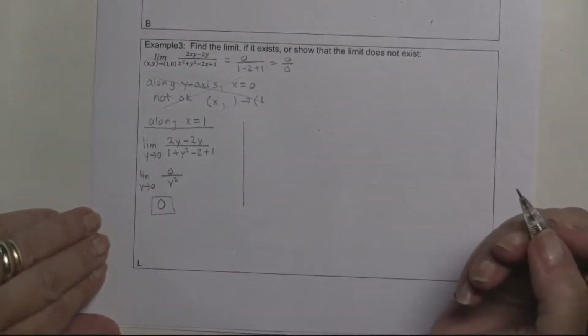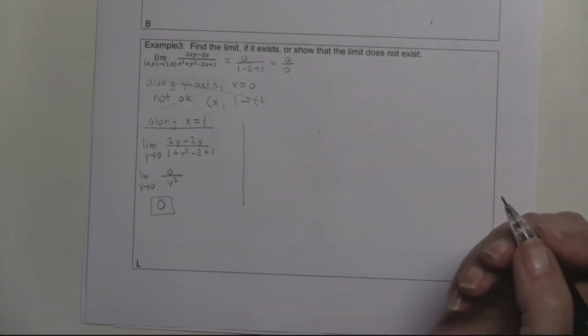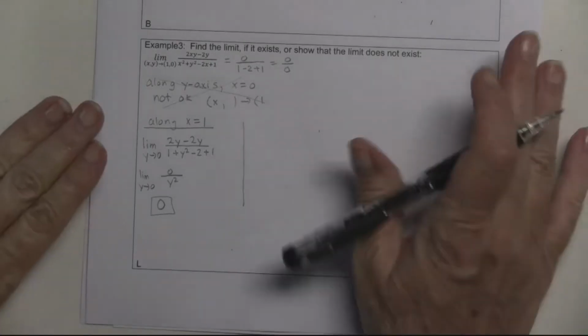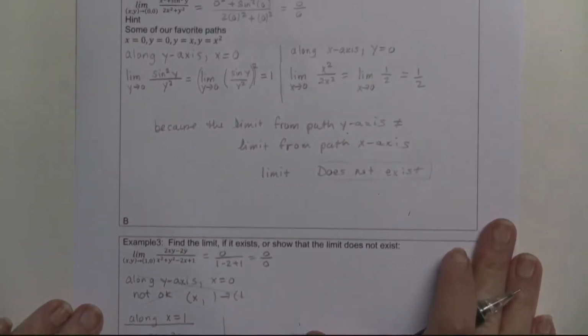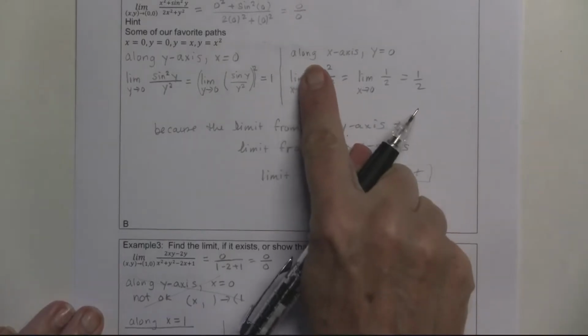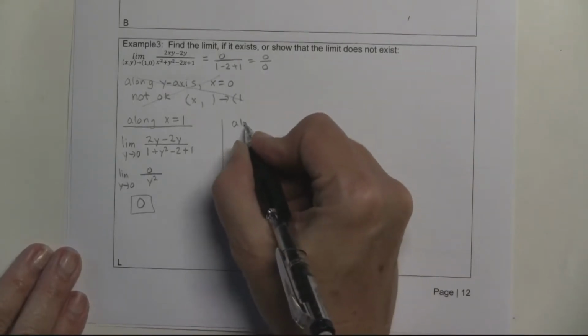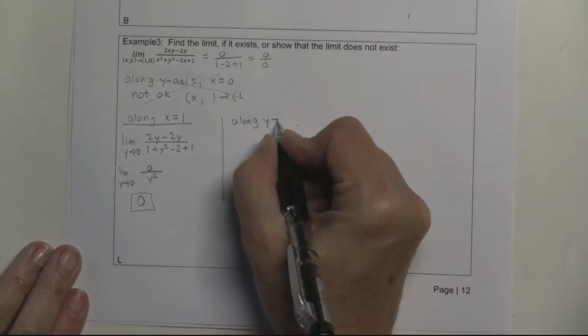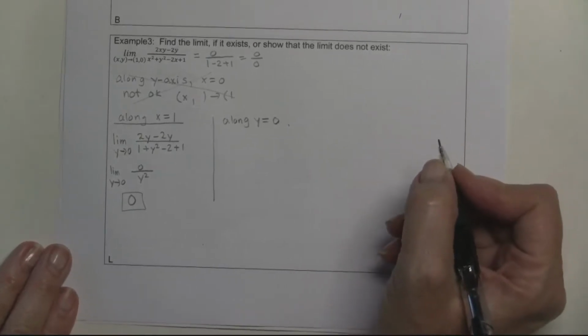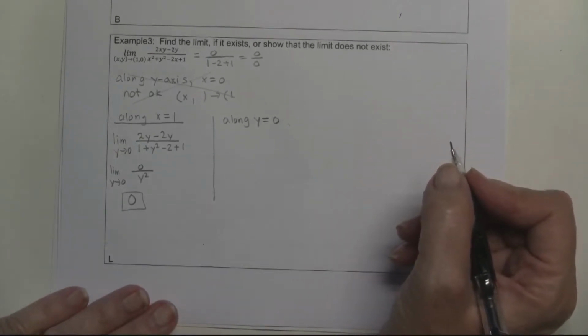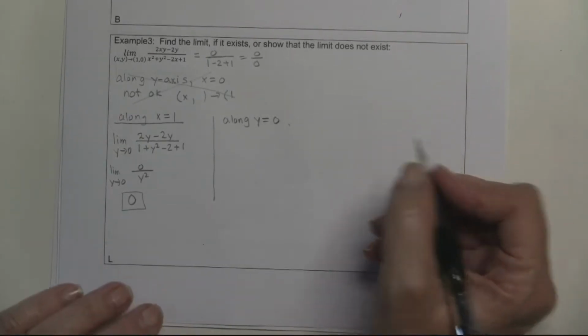Okay, now I want to try a different one. So the next thing I said was, let's go along the x-axis. So along y equals 0 this time, but that is the x-axis. So now I'm putting in y is 0.